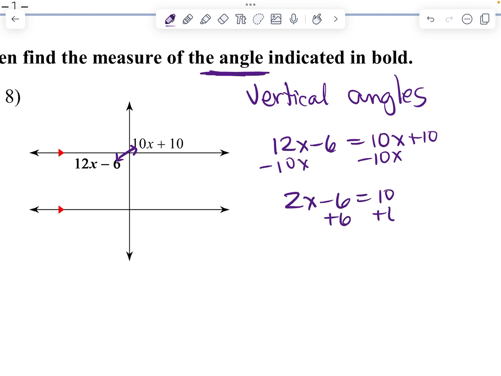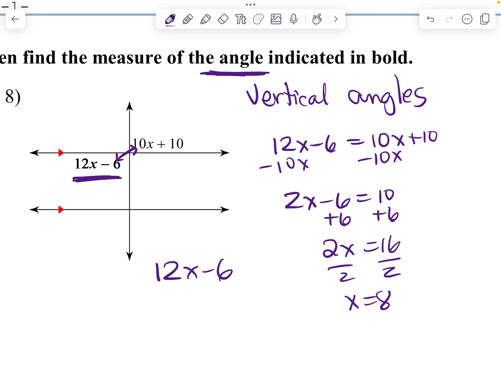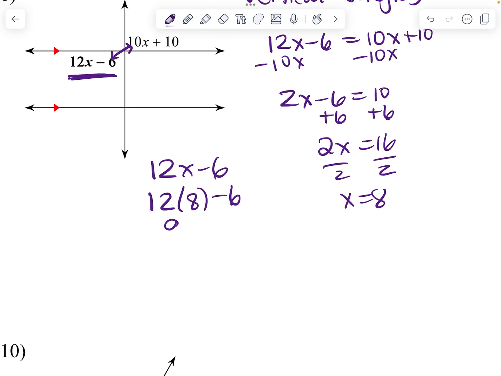I add 6 to both sides. 2x equals 16. Divide by 2 and get x equals 8. It wants the bold one. So I have 12x minus 6. So I'm going to replace the x with 8. I get 96 minus 6, so that's 90 degrees.